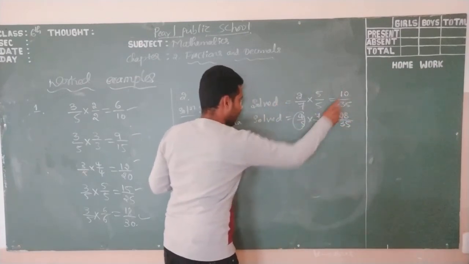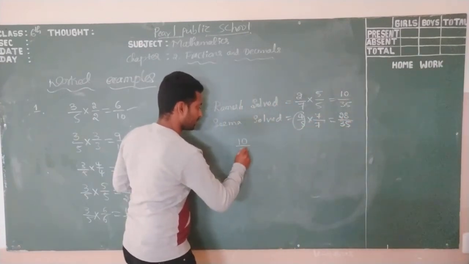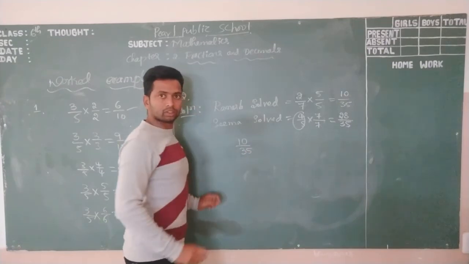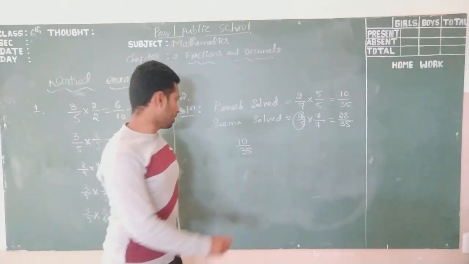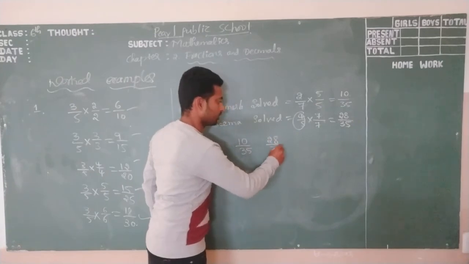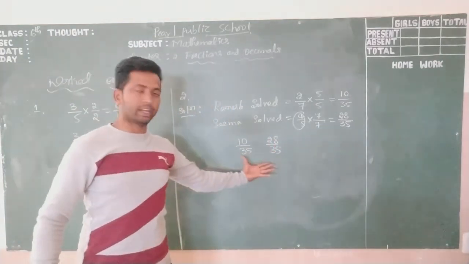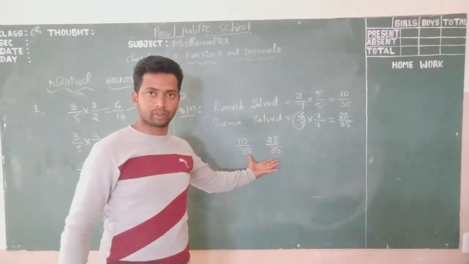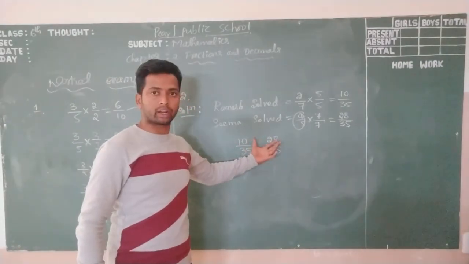So you write down here 10 by 35, and here 28 by 35. Okay, so here the denominators are the same, whereas the numerators are different.